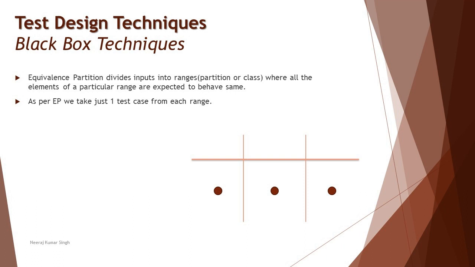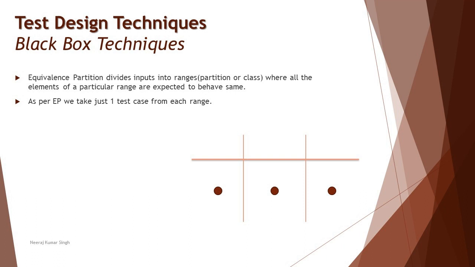Let's talk about equivalence partition, which is one of the techniques used under the black box testing techniques category. And as we remember, black box testing techniques make use of requirements which are given in a very formal way. That means a test team should have access to all the information they need as a part of the requirement to understand what the expectation is, what the details are, how exactly a user will interact with the system, what kind of data would be required, and how this information is classified.